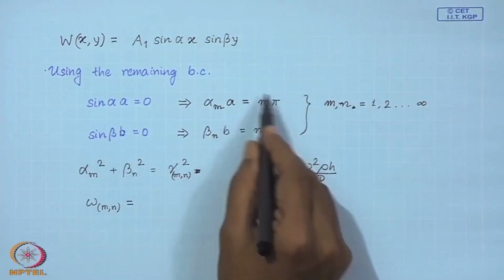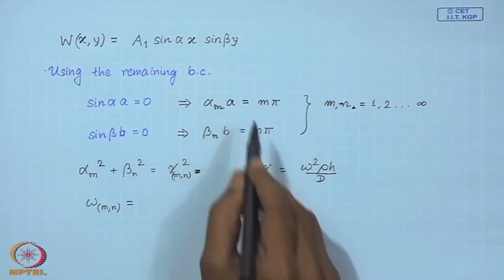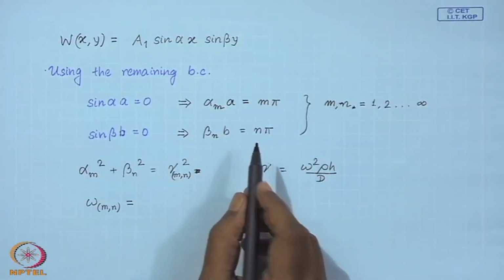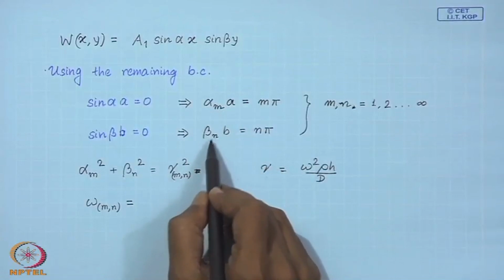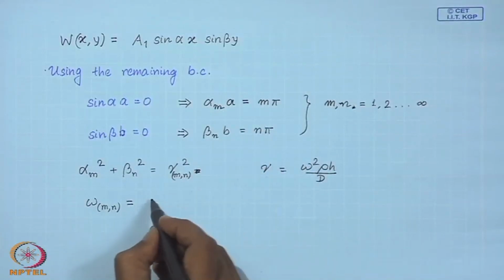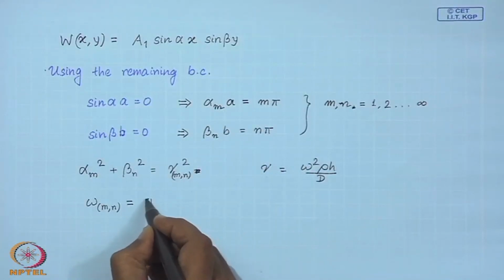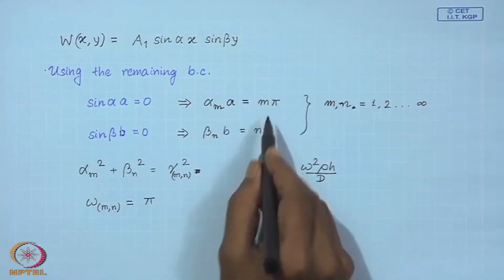If I now use these expressions of alpha m and beta n, this is m pi over a and so on.